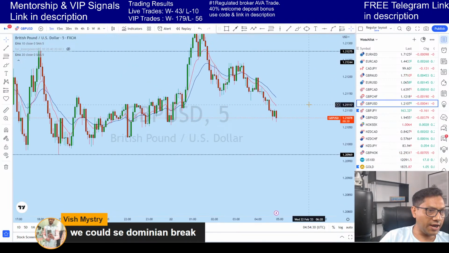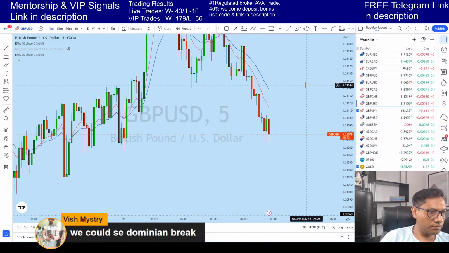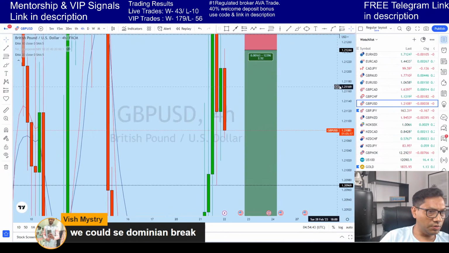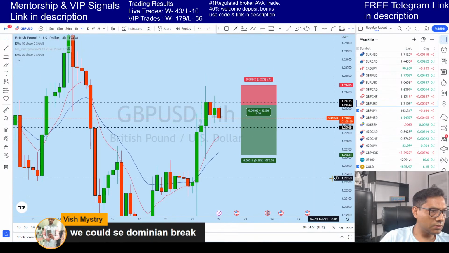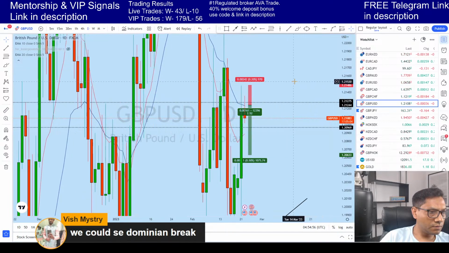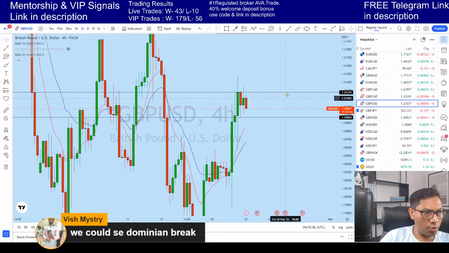Because the higher time frame is the probability for a drop, let me look at this one here on GBP USD. I think for the short term we might see a good drop on GBP USD.